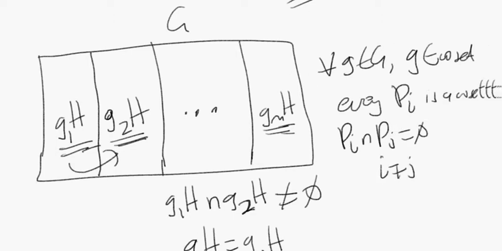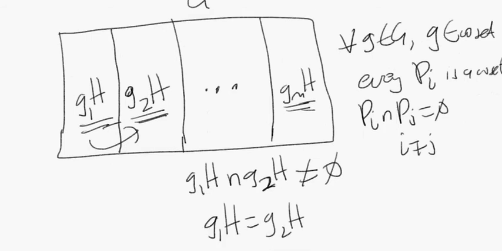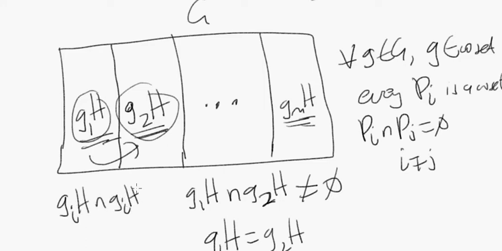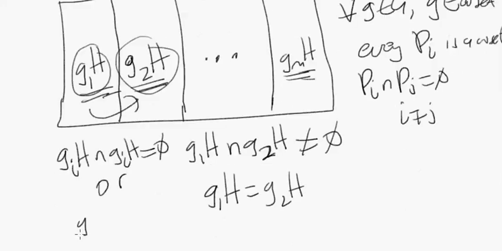What modification can we make, given that we now know that cosets are either completely disjoint, or they're equal to each other. There's no middle way. So either GiH intersect GjH is empty, or that's what we're finding out, or GiH equals GjH.